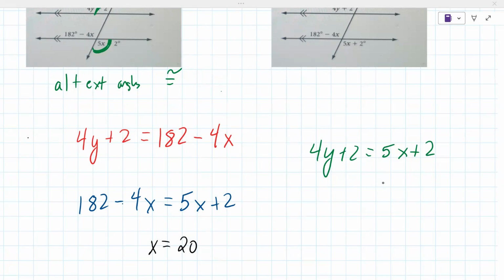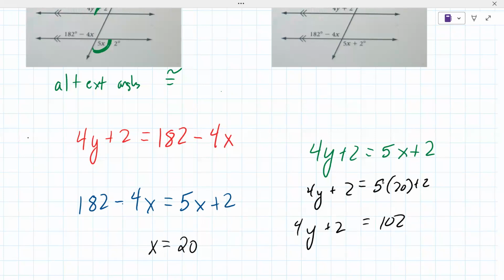So I got five times 20 plus 2, 4y plus 2, so this is 102 on the right. Try it one more time. I put 104 on the right instead of 102. I added, but on the left side I subtracted. That was just a mistake. So what is the y value? If you subtract, y equals 25. Okay, now that's really good.